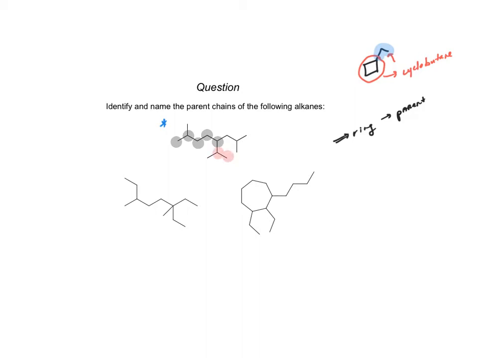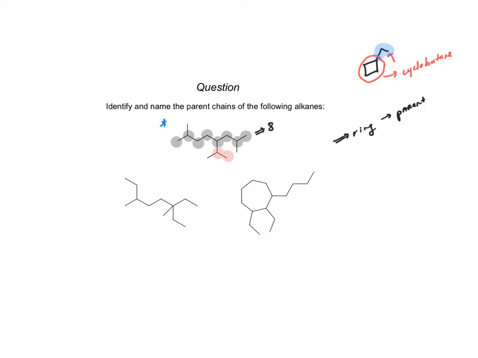If I kept going on that original chain, we have 5, 6, 7, 8. This guy would give me 8. Again, I don't think there's any other way to get more than 8. So this guy here, 8, is my parent chain.